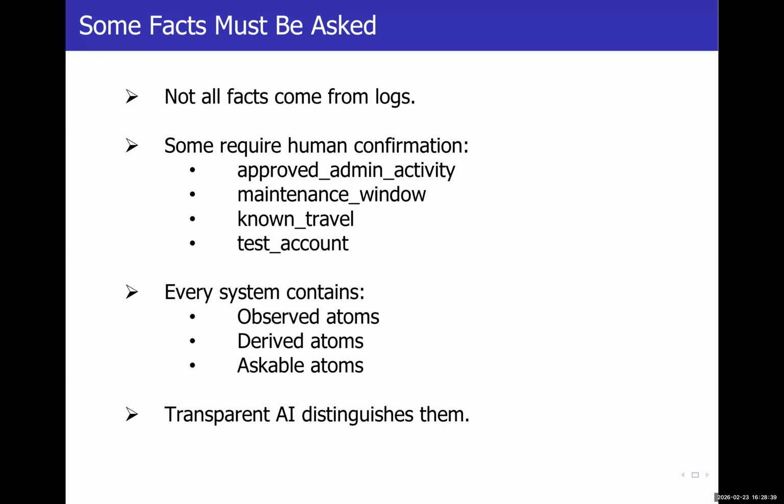In rule-based systems, we can think of three kinds of propositions: observed facts from sensors, derived conclusions from rules, and askable facts that require human input. A transparent system distinguishes among these categories so that analysts understand what is inferred and what must be confirmed through human input and asking questions.